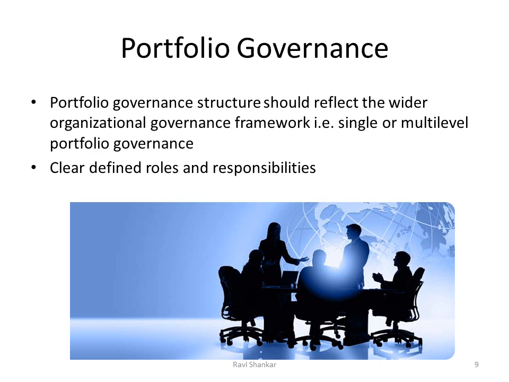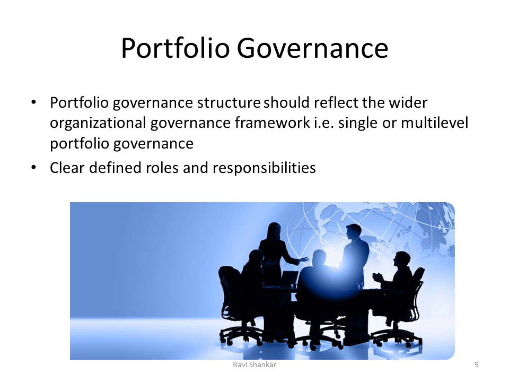We have to implement an appropriate portfolio governance structure. It can be single level or multi-level, depending on the size of the organization, the complexity of the projects or programs, and the financial stages, in the sense of the level of the business case.